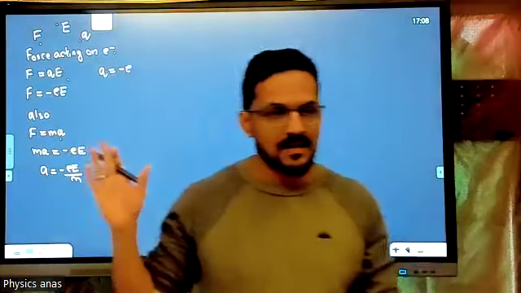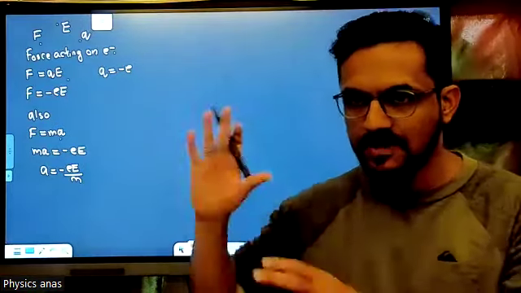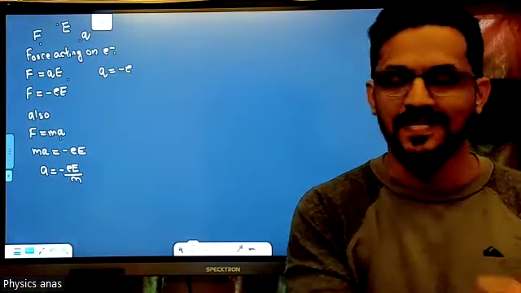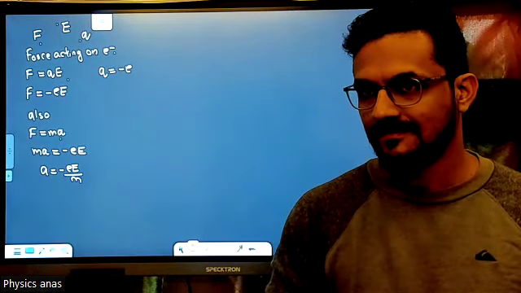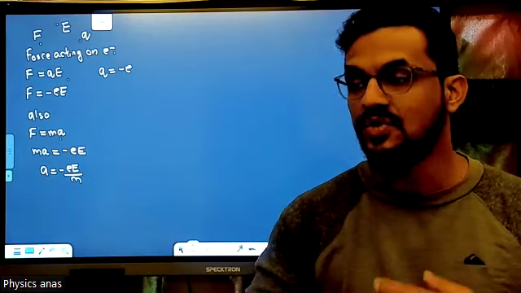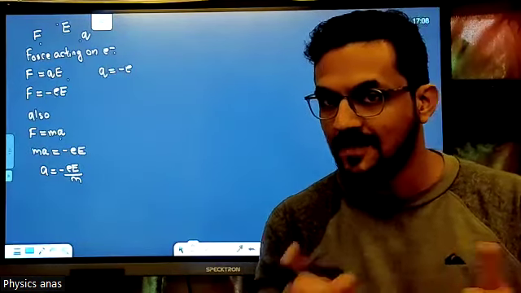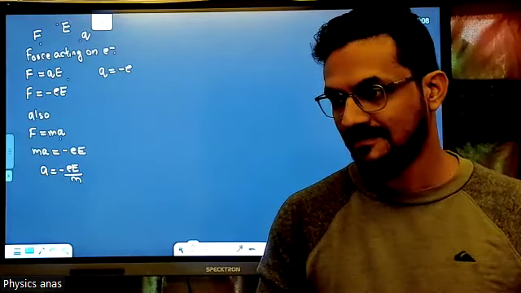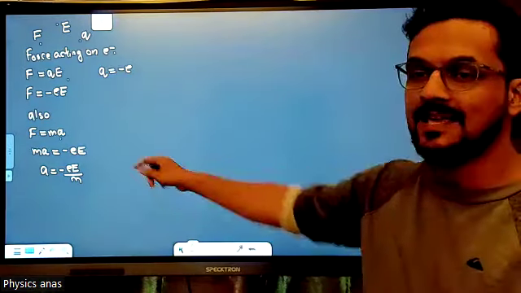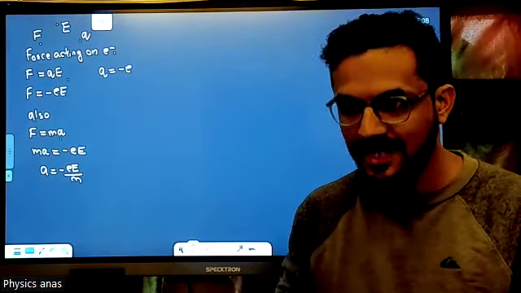What does it mean? It is the acceleration of electrons. If electrons get an acceleration, they will also have a velocity. We need to find this velocity. The average velocity is otherwise called drift velocity. That's why we need a here, because the equation of velocity has acceleration in it.